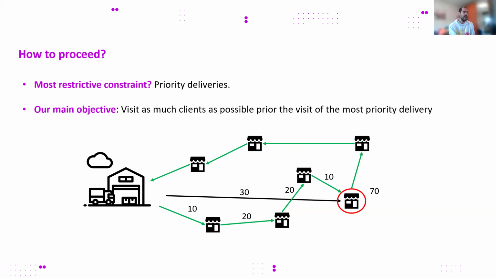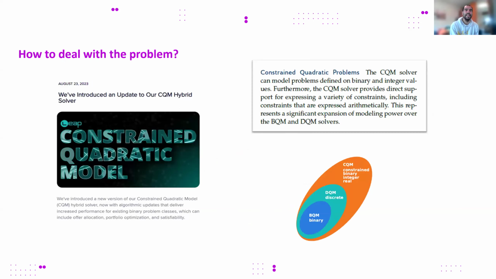So how have we solved this problem? We have solved it using the CQM solver, because the mathematical formulation that we can use in this solver is very advanced, so we can contemplate a lot of variables and very difficult constraints.